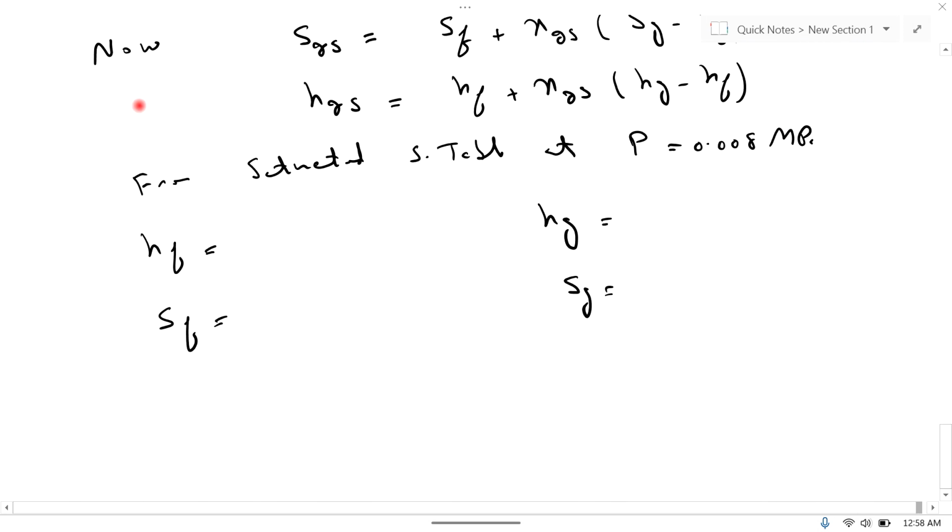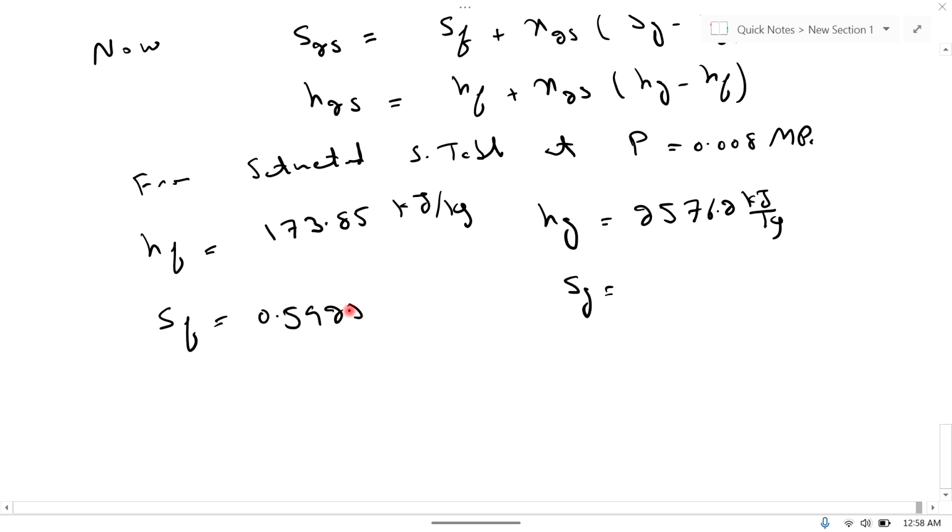So HF is equal to 173.85 kilojoule per kg. Hg is equal to 2576.2 kilojoule per kg. Similarly, SF is equal to 0.5925 kilojoule per kilogram per Kelvin. Sg is equal to 8.2274.